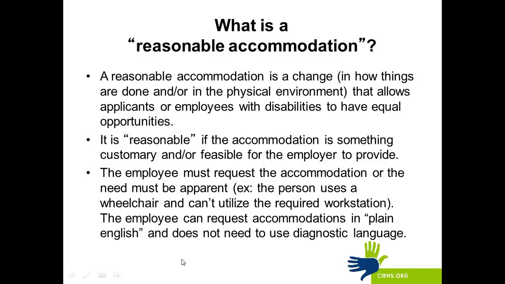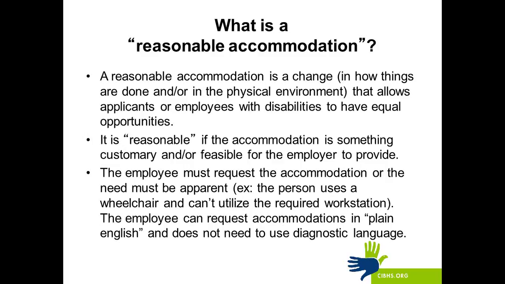Now, sometimes in our field, we really want people to succeed, and we're really oriented towards supporting folks. You can actually also err on the side of assuming that people with lived experience in peer positions absolutely need accommodations because they're in a peer position.